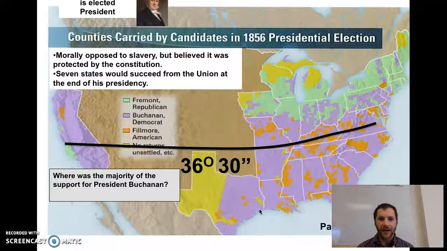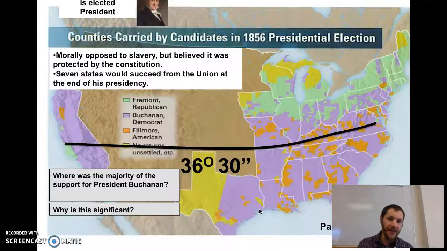Buchanan was very much for following the Constitution, and the slave states did feel like, oh hey, we believe that he's going to follow through. Why was this significant? Because it was a last-ditch effort to keep the Union together.